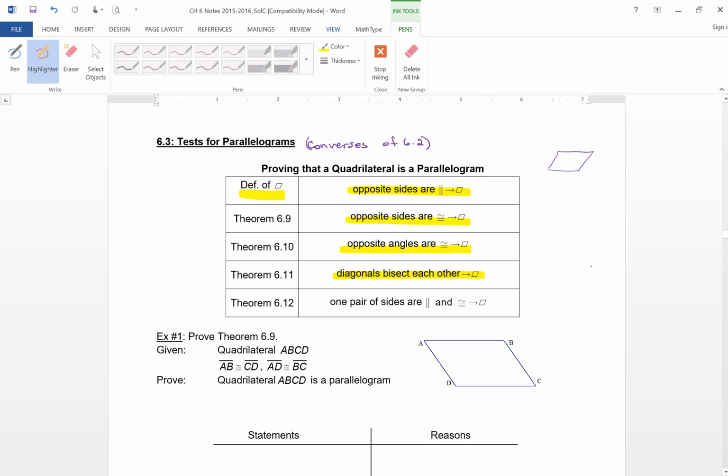Last but not least, this is one of my favorites, if just one pair of opposite sides are parallel and congruent, that's enough to say that it's a parallelogram. Okay? So that's sort of a combination of Theorem 6.9 and the definition, but you can get away with just one pair. All right, so let's do some of these proofs.